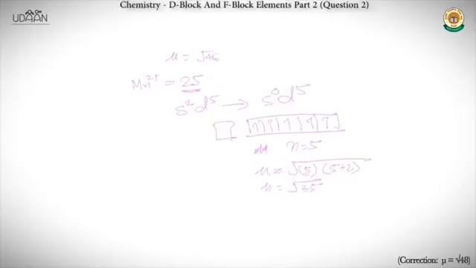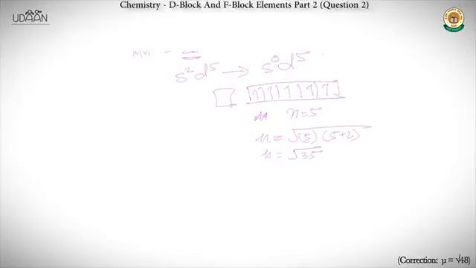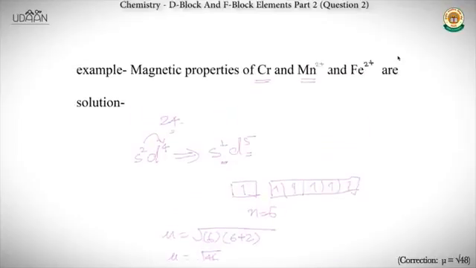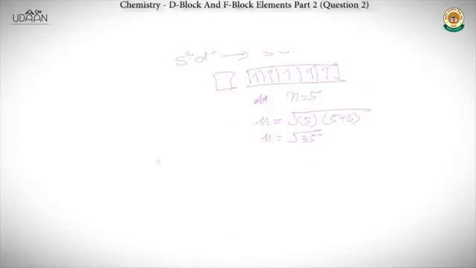Okay. Now we will calculate the magnetic moment of Fe2+. The atomic number of Fe is 26, and the electrons in its subshells are s2 d6. After removing 2 electrons, we will get s0 d6.